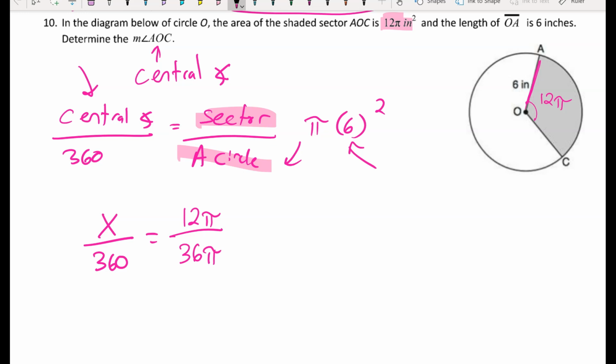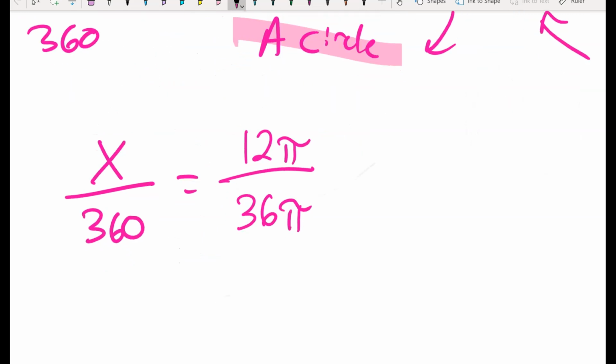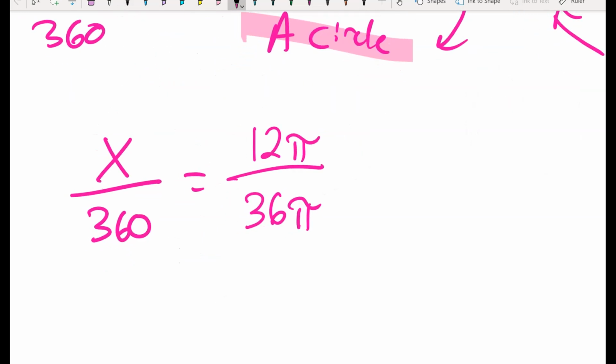Now if I wanted to, I could cross multiply from here and go to town, but I actually noticed that there's some things I could do to reduce here. Pi divided by pi is just 1, because anything divided by itself is 1. And if I divide 12 by 12, I get 1. And if I divide 36 by 12, I get 3.